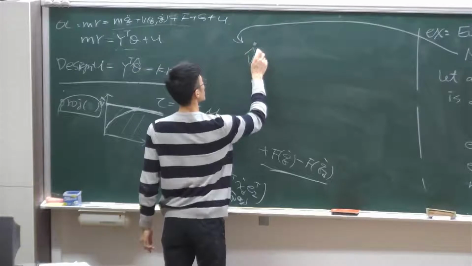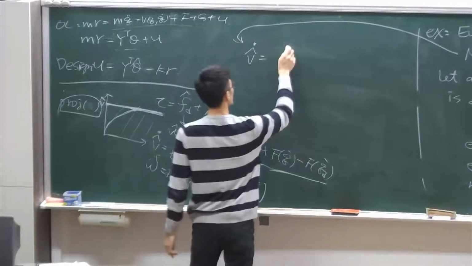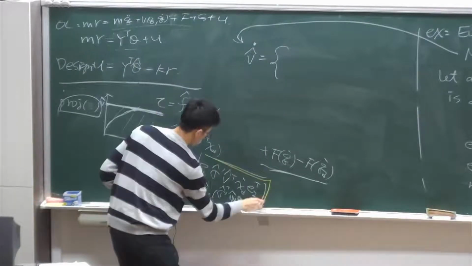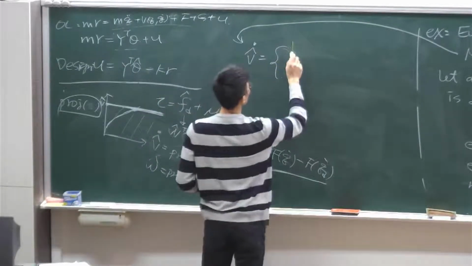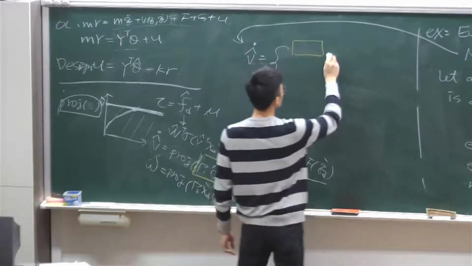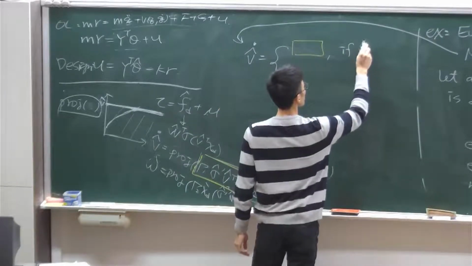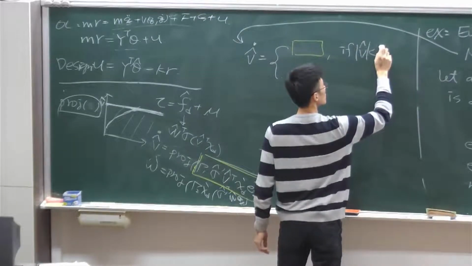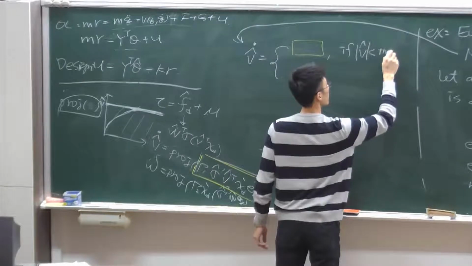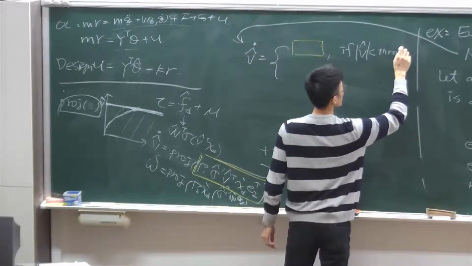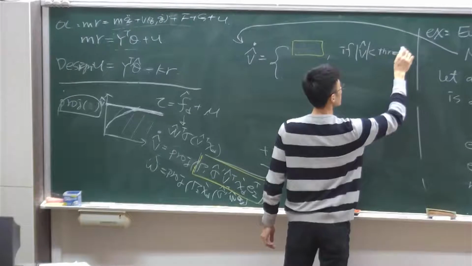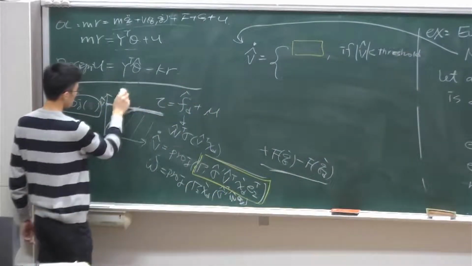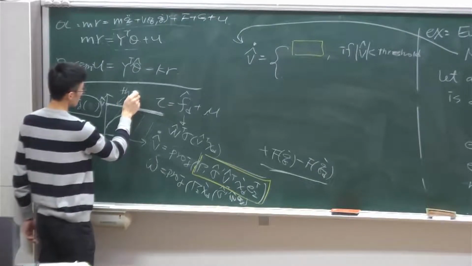V hat equal to this. Okay. If some threshold, okay, this is the threshold, okay, some boundary.